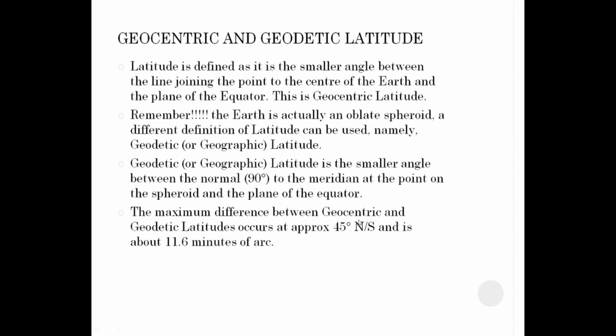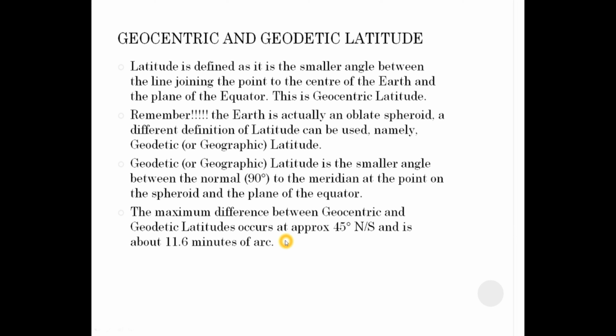The maximum difference between geocentric and geodetic latitude occurs at approximately 45 degrees north or south and is about 11.6 minutes of arc. Okay, so there might be a question: what is the maximum difference between geocentric and geodetic latitude? You can say 11.6 minutes of arc.